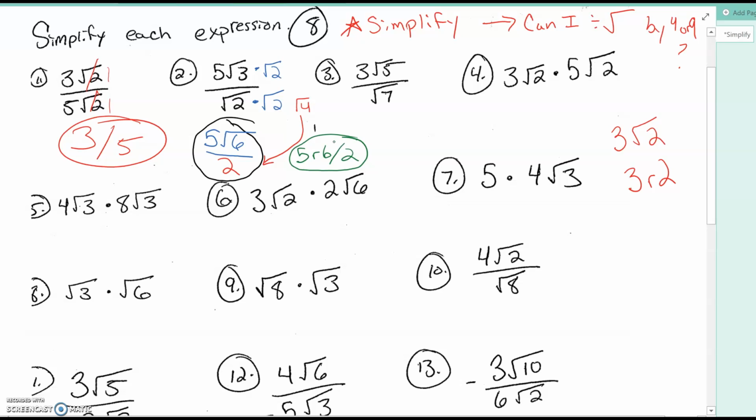Okay, go ahead and do number 3. All right, so this, I'm going to multiply top and bottom by the square root of 7. So I should get 3 square root of 35 over 7 times 7 would be the square root of 49, which is 7.